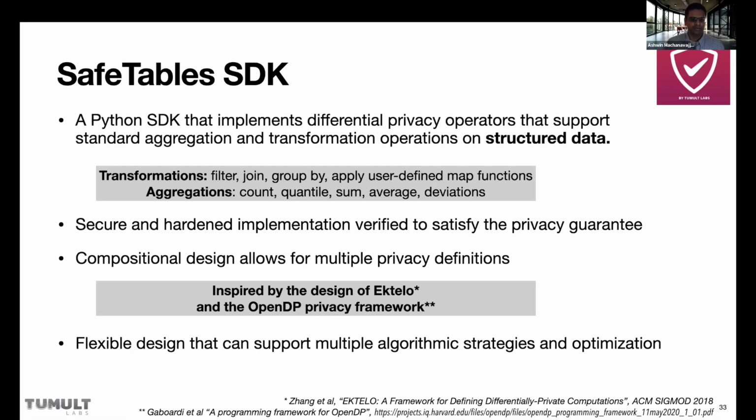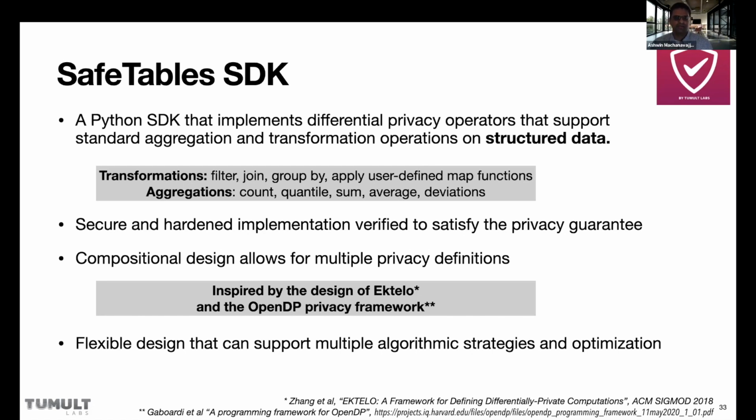So you can do filters, group bys, joins, maps, and then you can do counts and quantiles and so on. It's a secure and hardened implementation, and it's inspired by the design of Ektelo and the OpenDP privacy framework. So therefore, it has a compositional design to allow for multiple privacy definitions. And it also is flexible, so it can support multiple algorithmic strategies and optimizations.